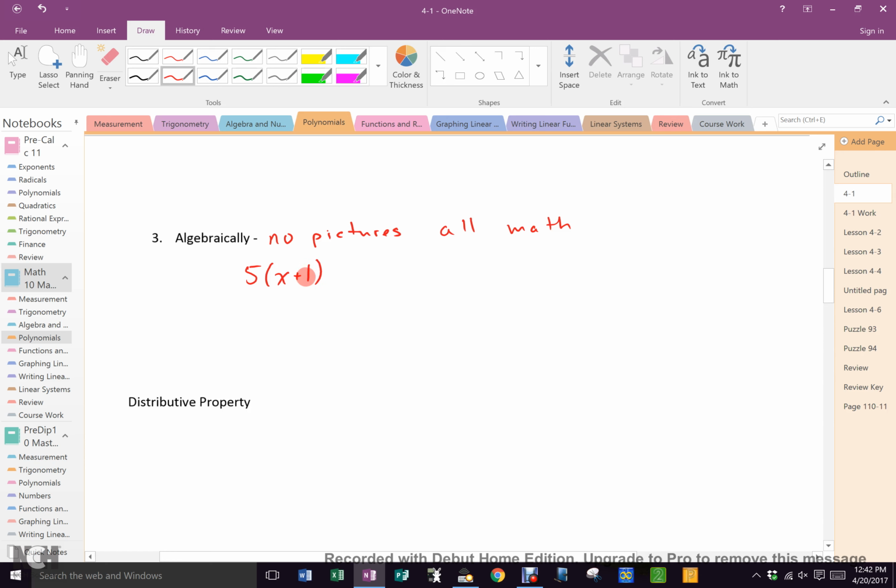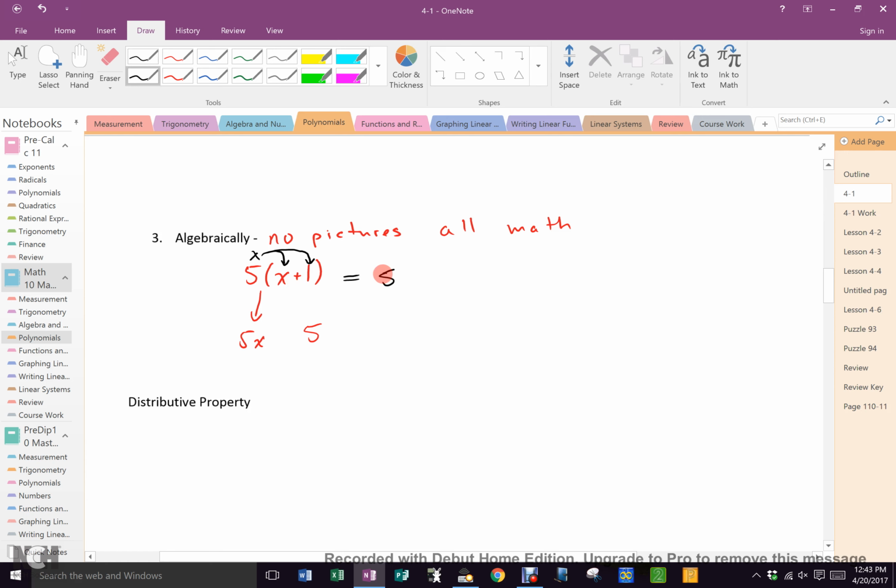What that means is, after we drew the pictures, we knew we needed 5 x's and we needed 5 little ones, yes? Because that 5 had to multiply to there and to there. Because this is 5 times both of those things, yes?